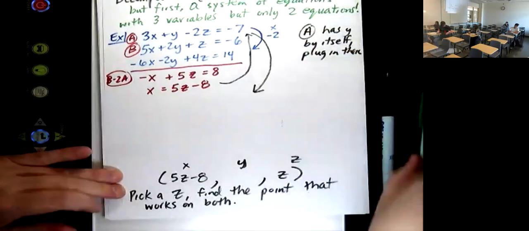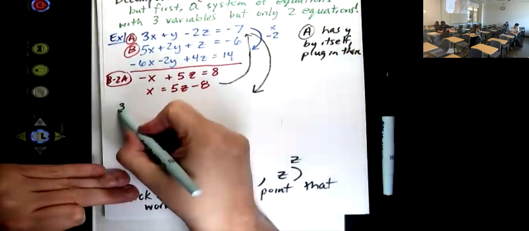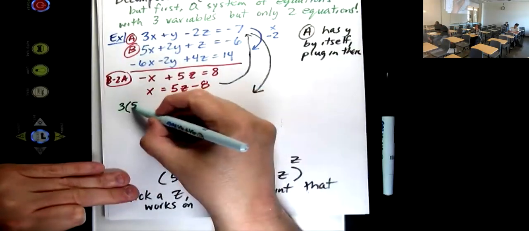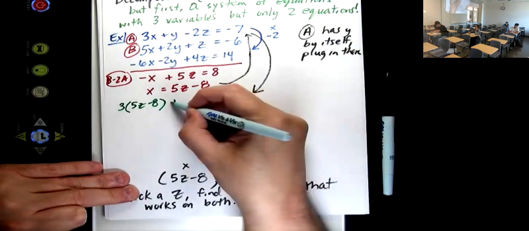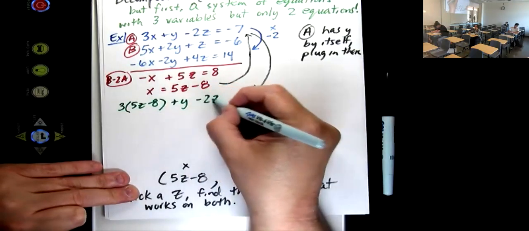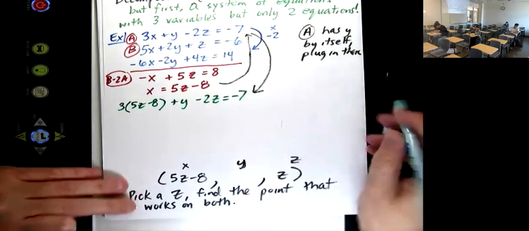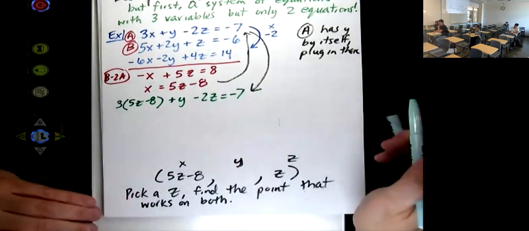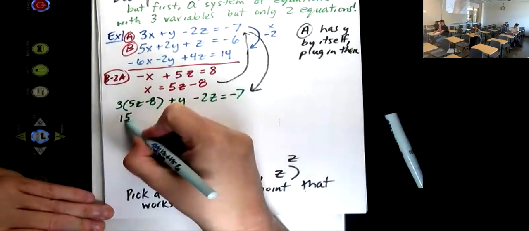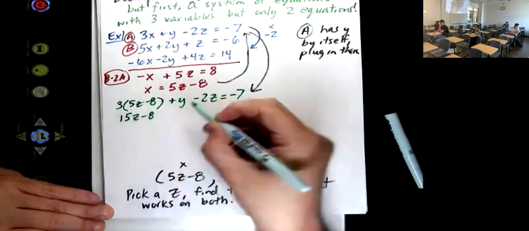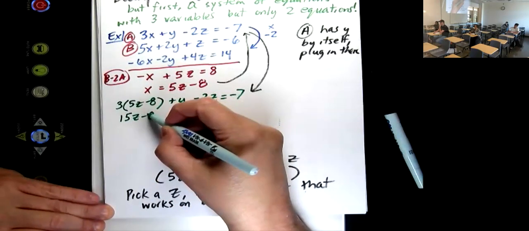And I've got 3 times 5z minus 8 plus y minus 2z equals -7. Do some cleanup here. Oh, that's not -8, that's -24.